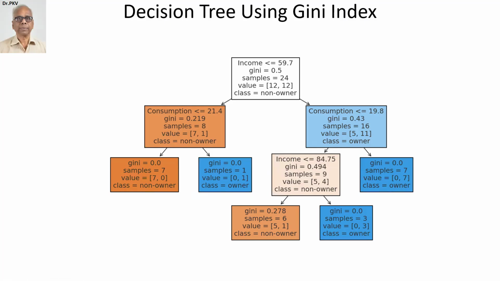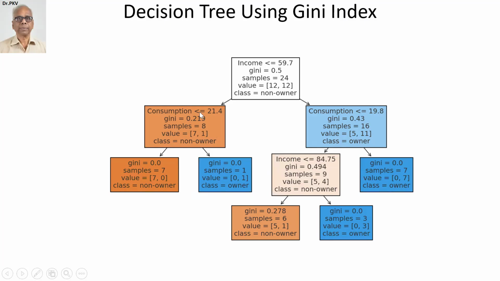And the logic every stage it is using is the reduction in the Gini index. Now the second class, how the Gini index is calculated, for example, how is it 0.219? How is it 0.43? Very simple. 1 minus sigma pi squared, which is 1 minus 7 upon 8 whole squared minus 1 upon 8 whole squared.